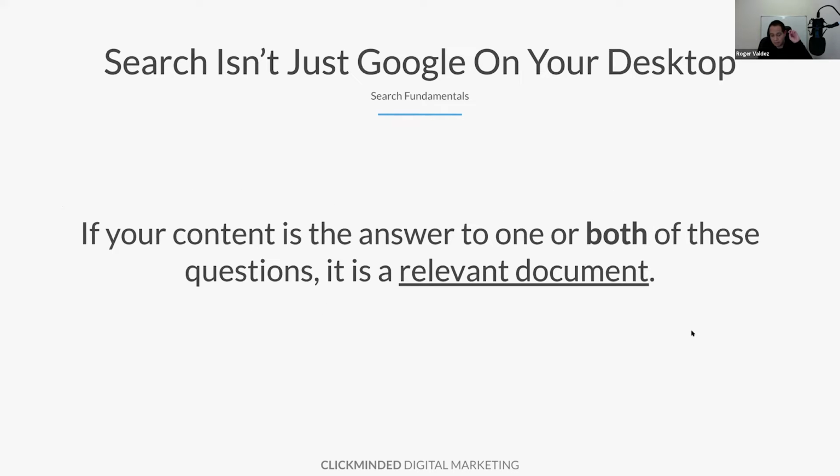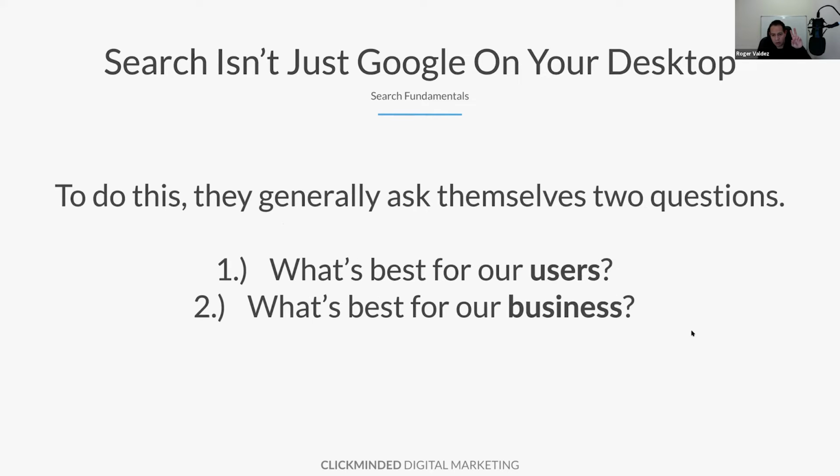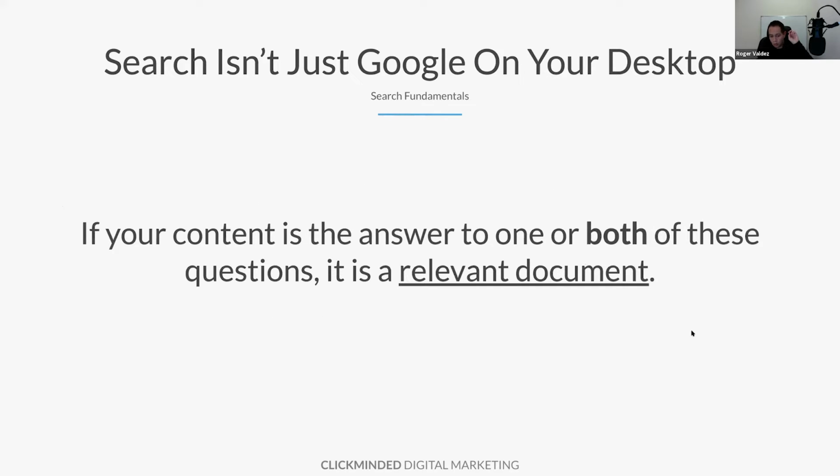So when you write this content and you're looking at your city pages, blog posts, service pages, if you can answer both, then it becomes relevant, right? That's where you can fully say, all right, my document here is relevant. It is good for my user and it's good for my business.